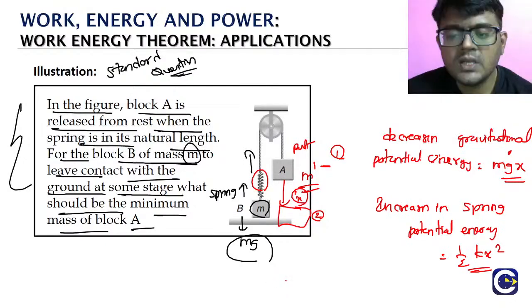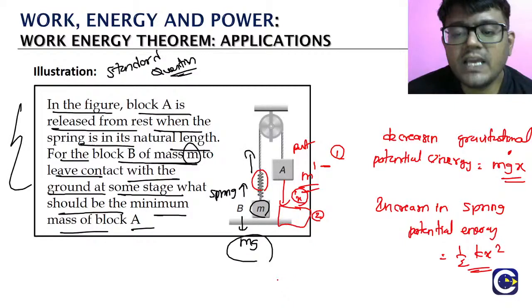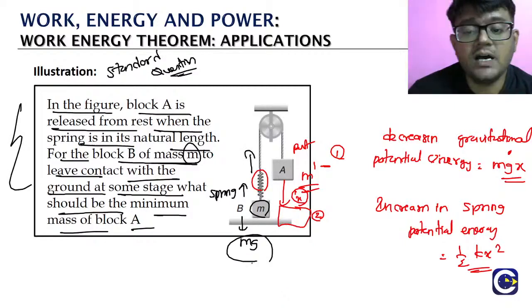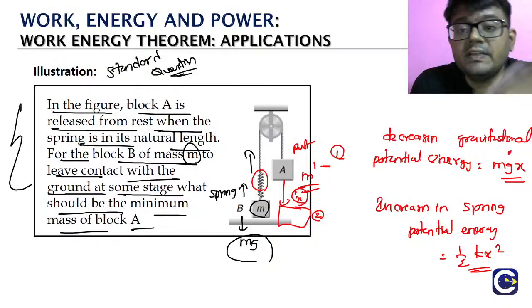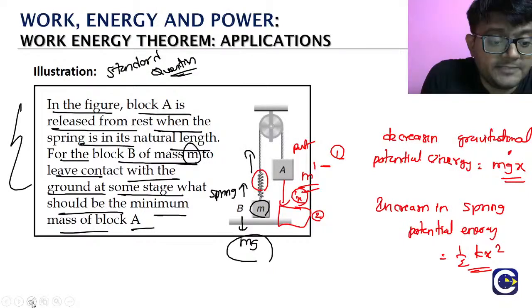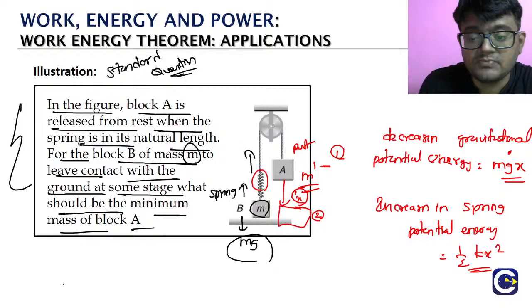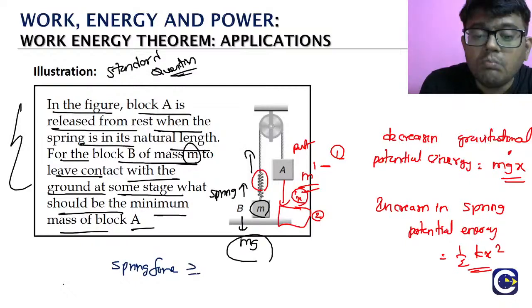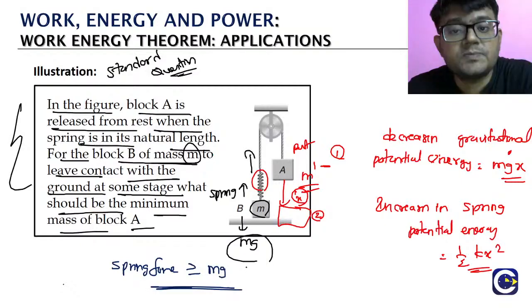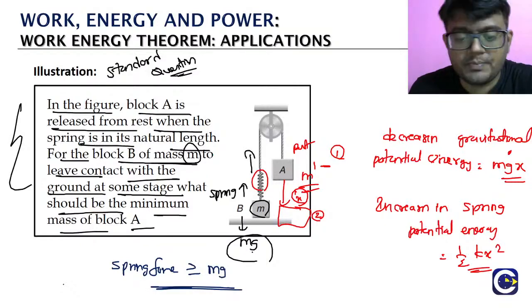Okay, so when we look at it just leaving the surface, the spring force should be more than or equal to m g. The spring force should overcome the weight of the block B, which means the spring force acting on the block B should be more than or equal to its weight.